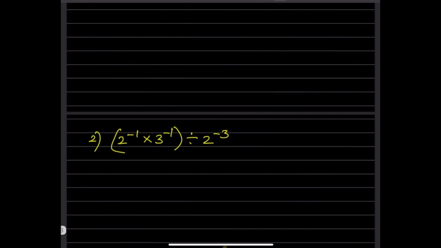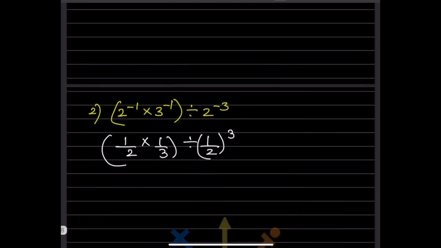Now let us see the next one. Here again this is negative, so you will make it flip over. So that will be 1 by 3 divided by 1 by 2 raised to 3, because all the exponents are negative.